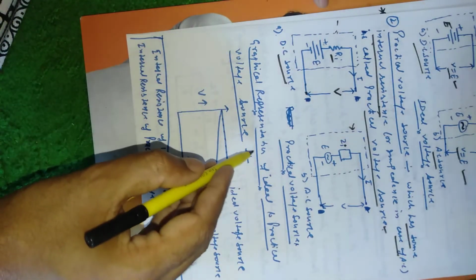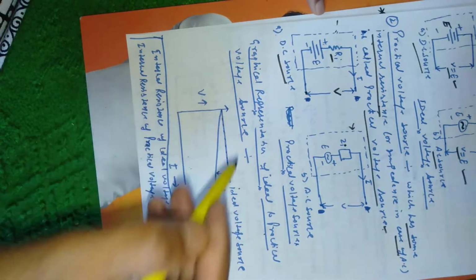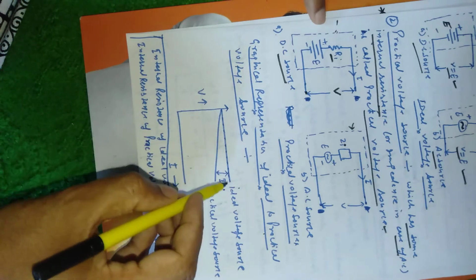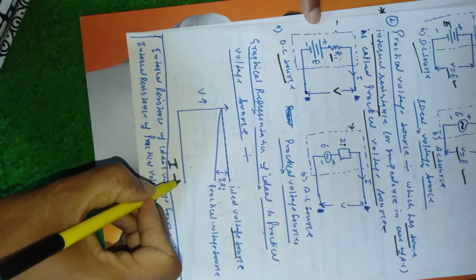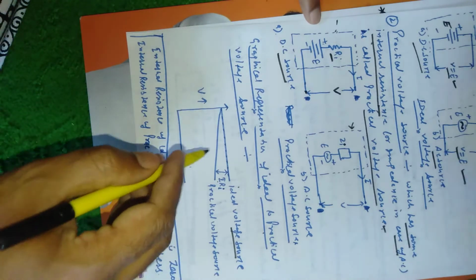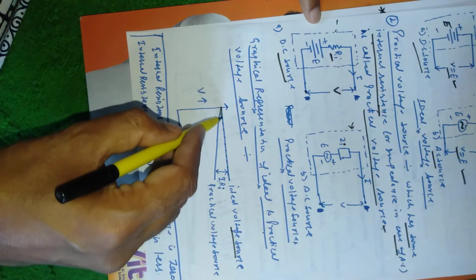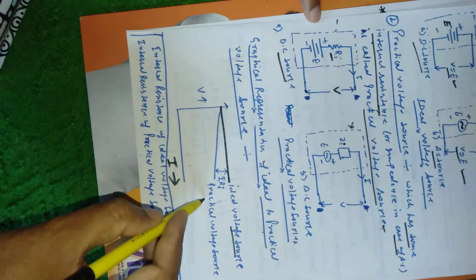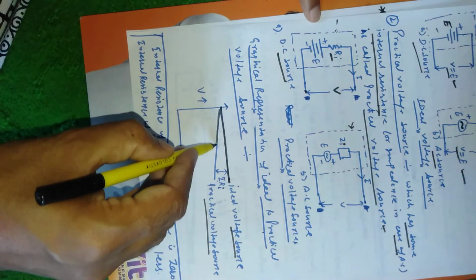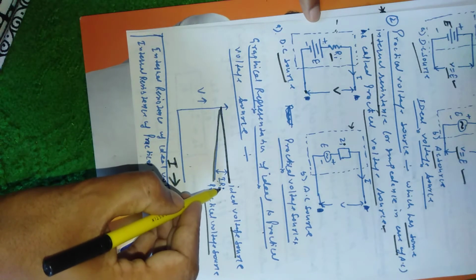And there is a graphical representation of ideal and practical voltage sources, the VI characteristics. In ideal voltage sources, it will remain constant, there will be no change. In case of practical voltage sources, there will be some amount of voltage drop, and that drop is IRi.